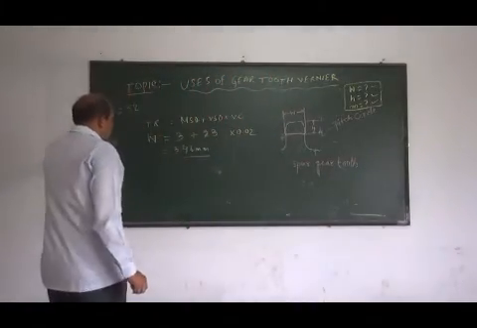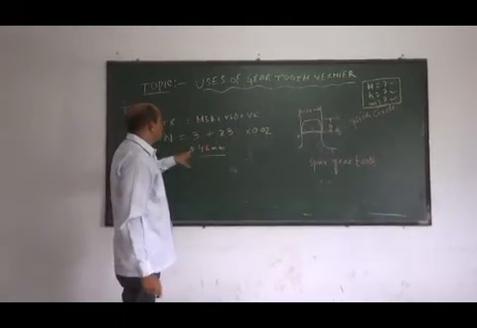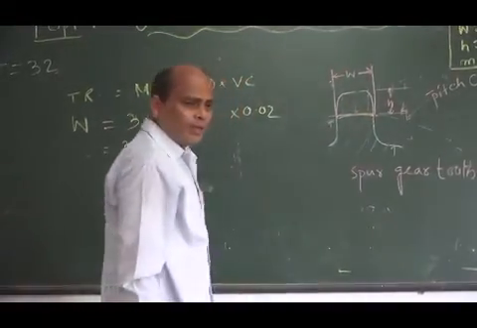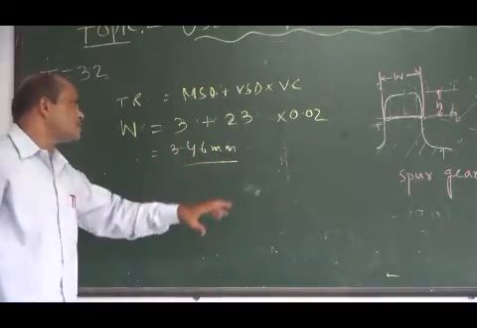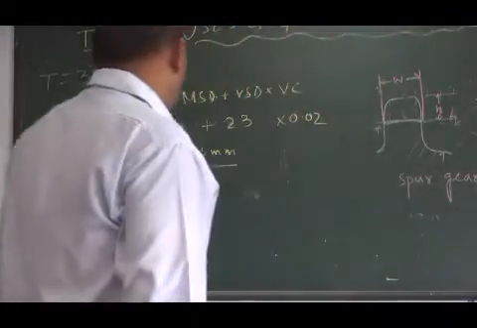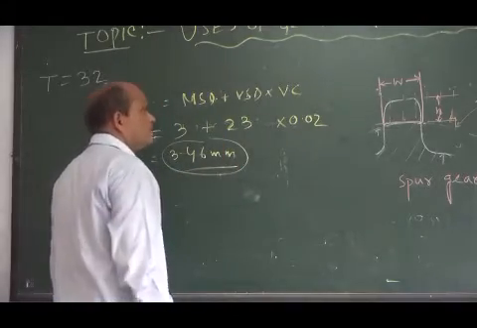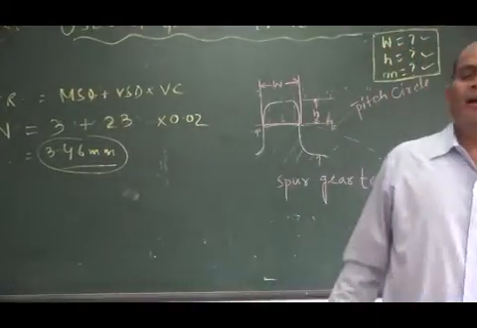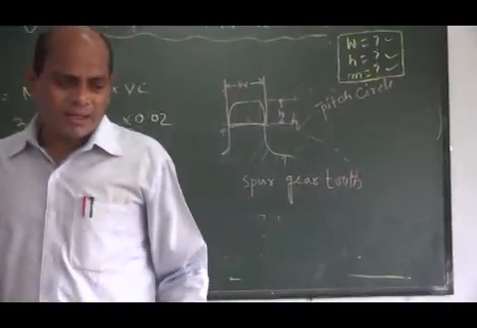By this method we find the width of this tooth at the pitch circle diameter, that is 3.46 millimeter. We can also calculate the width of the teeth by formula.